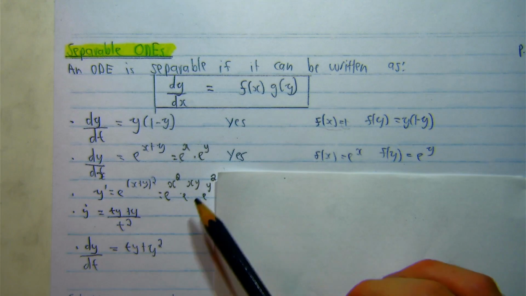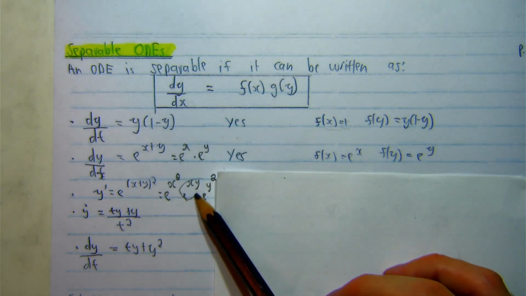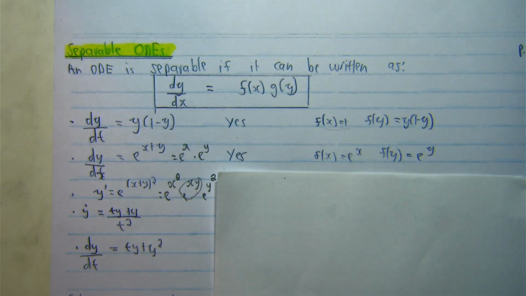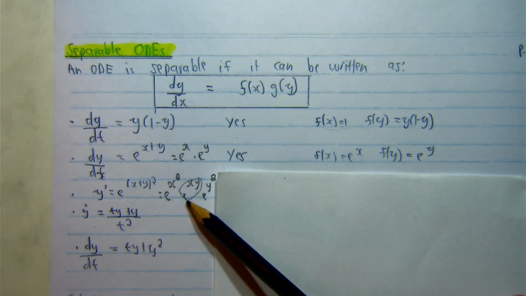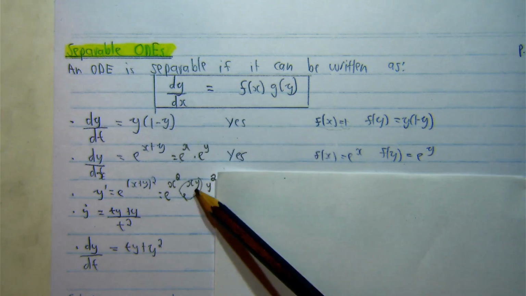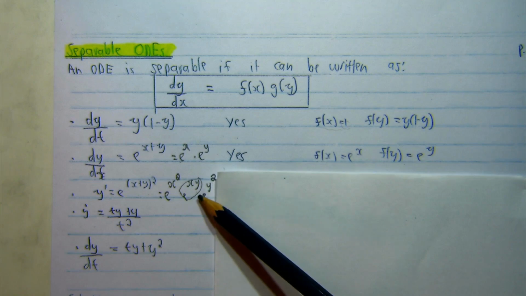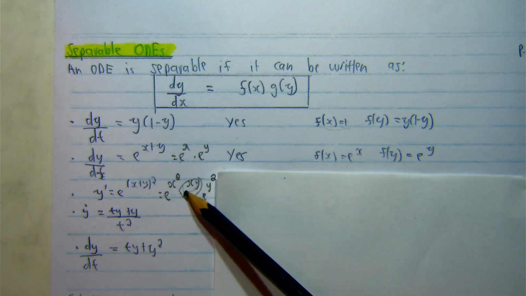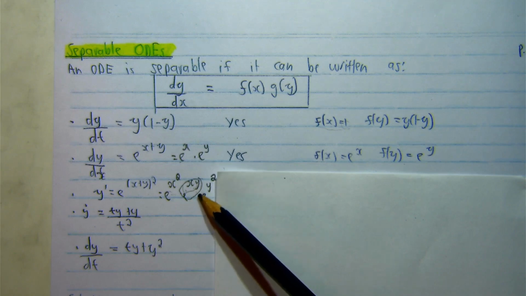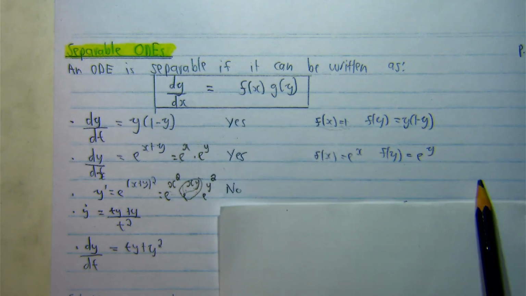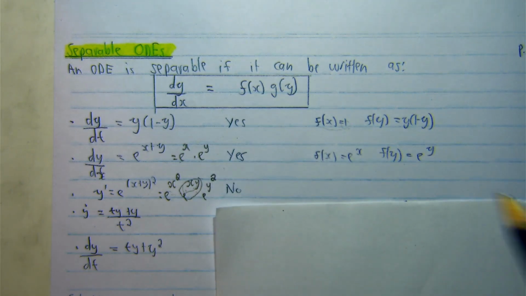In this case, we're stuck because in this middle exponential, we have a cross term xy, and so we cannot clearly define our f and g functions in terms of x and y to have them separate into the multiplication of two distinct functions. You can't put this into f of x or g of y and successfully have this multiplication together. So that's not going to be separable.